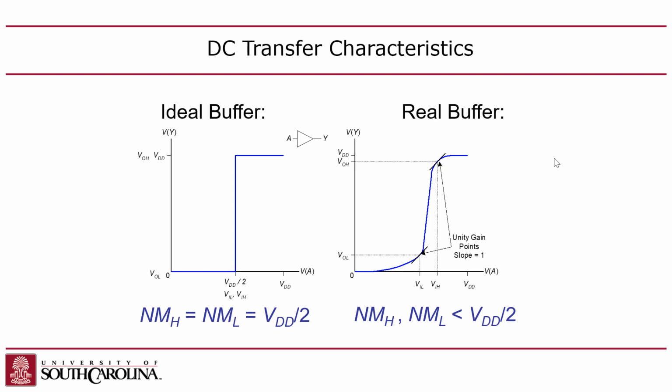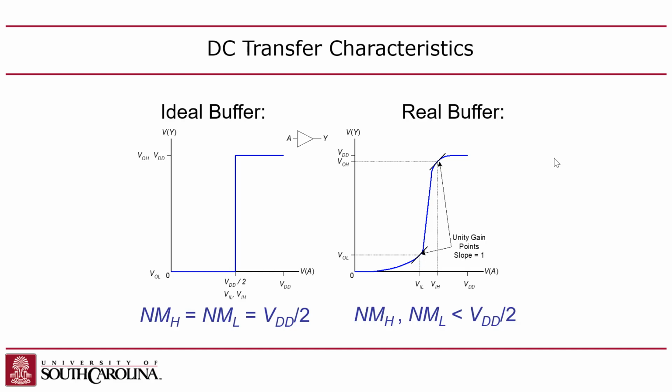So this is a buffer. A buffer is just the output is equal to the input. It's kind of like an inverter, except it doesn't invert. This is showing, as I increase A, the input, on the horizontal axis, the output Y is 0.